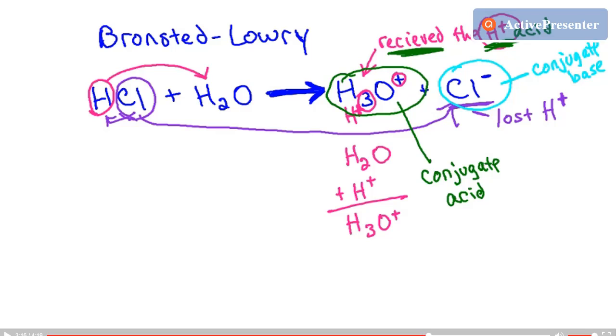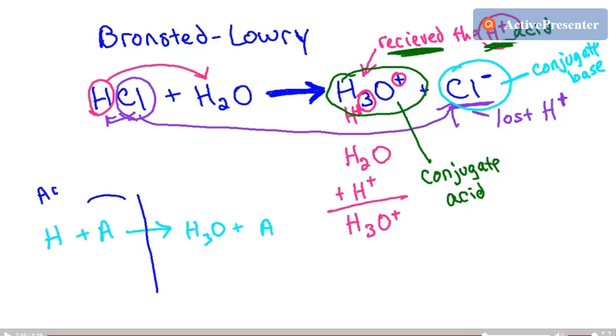So pretty much anytime you write any kind of a formula where an H positive shifted around, on the left side of the yield arrow are the acids and bases, and on the right side of the yield arrow are the conjugates.